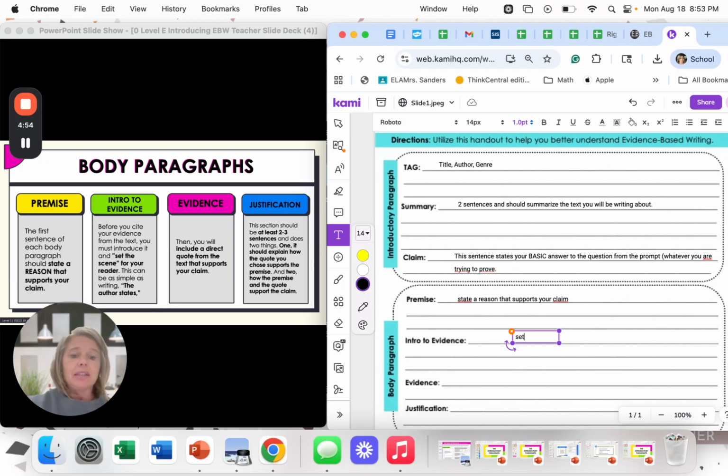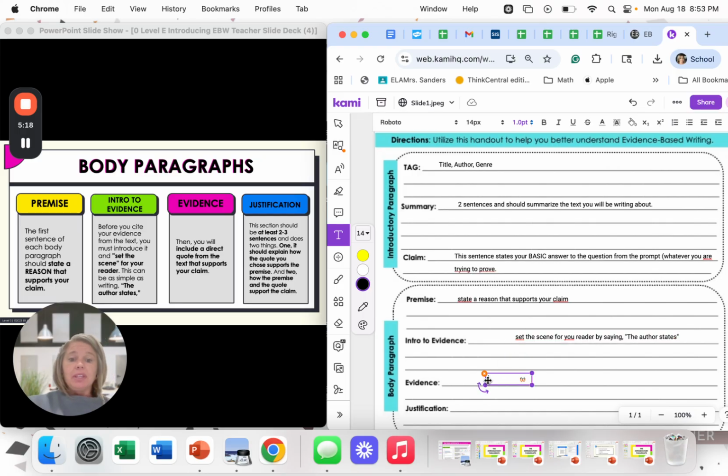So you've got to set the scene for your reader by saying the author states. So before you give your evidence, you have to introduce your evidence in some way. So the author states is an easy way to do this. There are other ways as well, and we'll move into those later, but let's start with the author states.